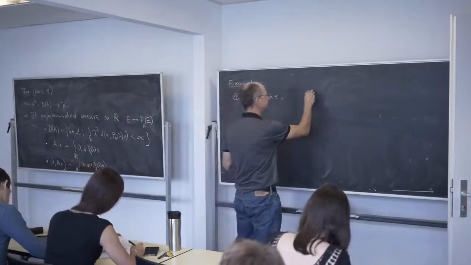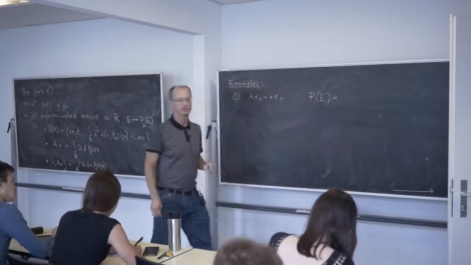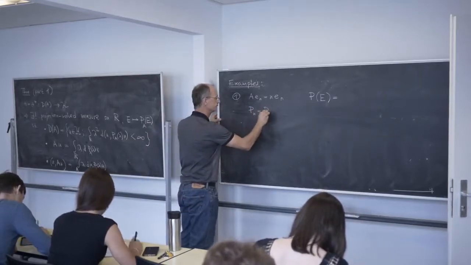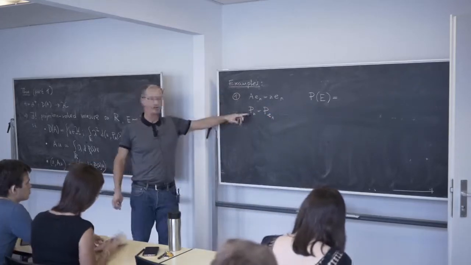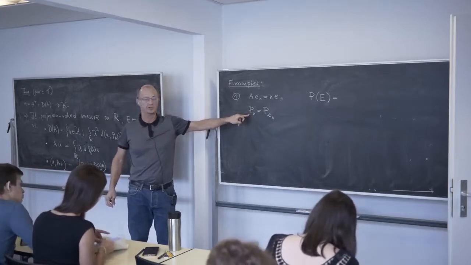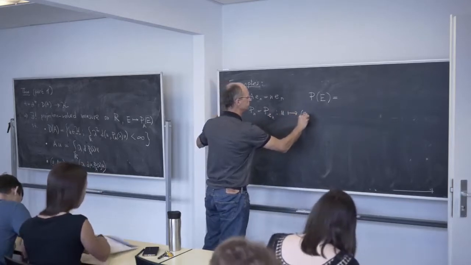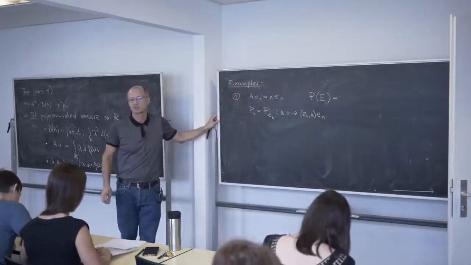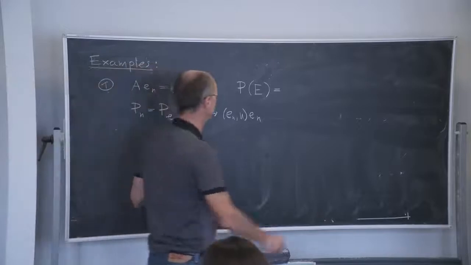So what's the projection valued measure? First of all, for each of the basis vectors, we can introduce a projection on the one-dimensional subspace. Let's call it Pn. So this is given by the formula we've already seen in the finite dimensional case. Simply you project to the basis vector and you multiply by the basis vector. So these are one-dimensional projections.